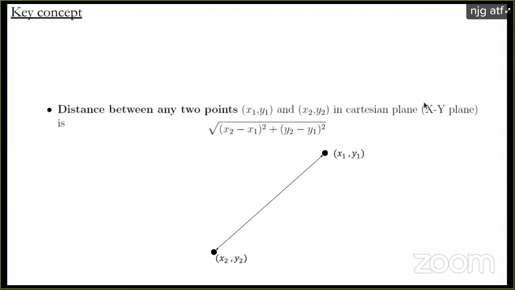You subtract the x coordinates and square it, subtract the y coordinates and square it, add those two, and keep this term under the square root. So this will be the distance between the 2 points. I hope you all know this. It's just a brief review before getting into the questions.